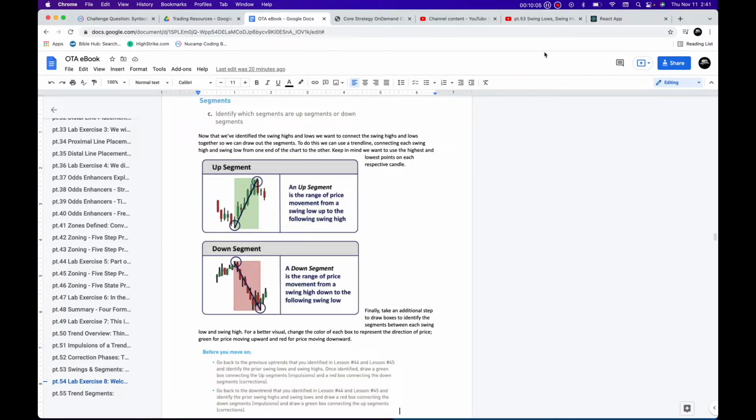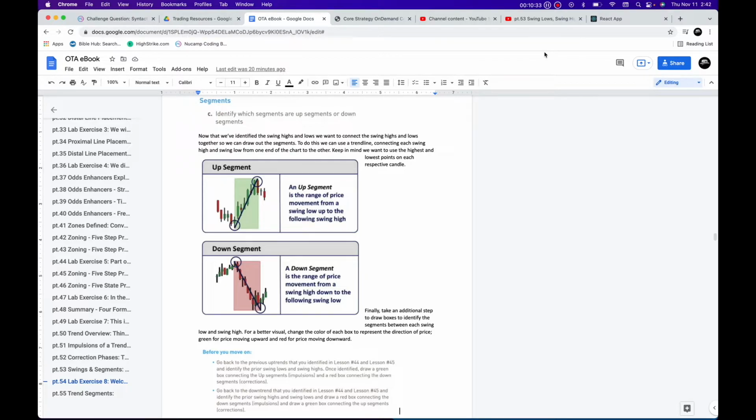In identifying the segments between each swing low and swing high, we're going to draw boxes in order to identify those segments. For a better visual, you can change the color of each box, or rather you should change the color of each box to represent the direction of price: green for price moving upward, and red for price moving downward.